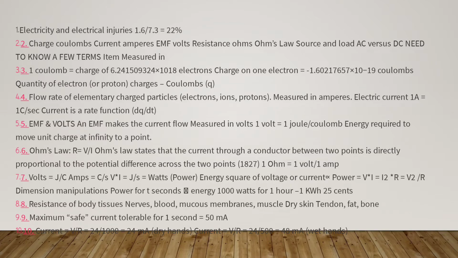Electric current is the flow rate of elementary charged particles, measured in amperes. 1 ampere equals 1 coulomb per second.